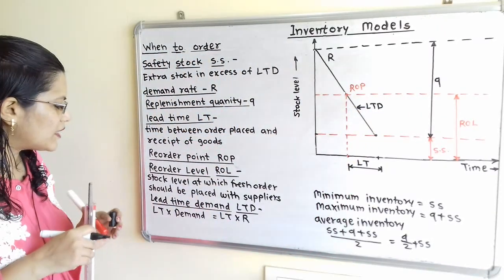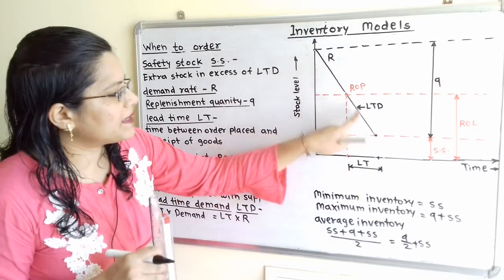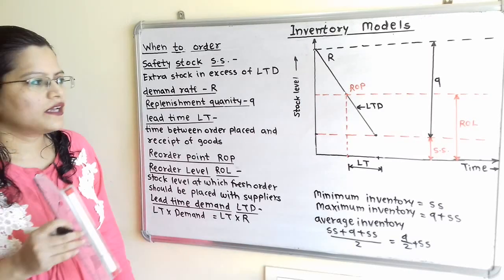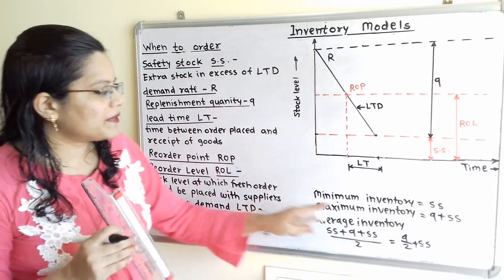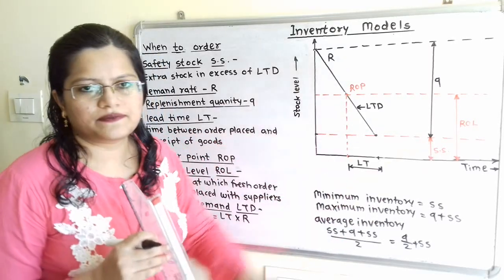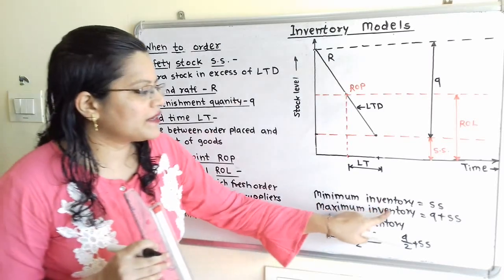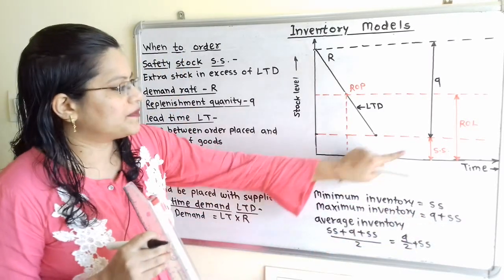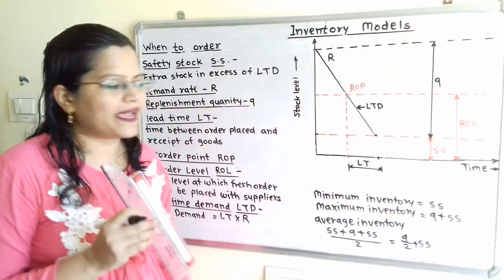And it is calculated as LT multiplied by R, that is lead time multiplied by demand rate R. Then next is minimum inventory. Minimum inventory is SS, that we have to always maintain. Maximum inventory is Q plus SS, because here is the point Q plus SS, that is the maximum inventory.